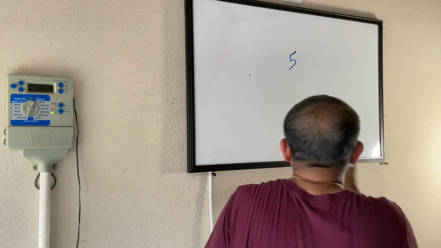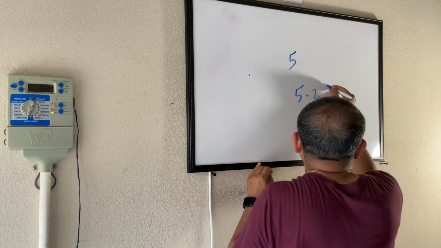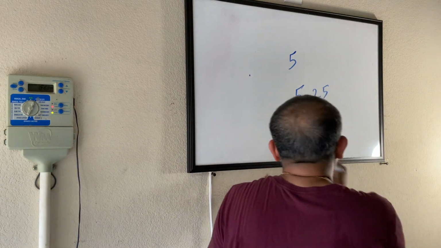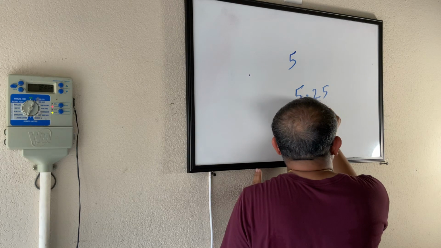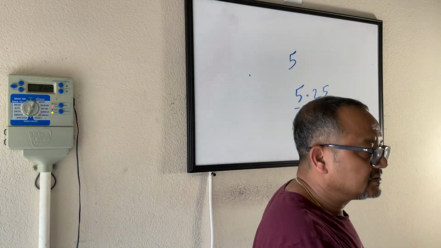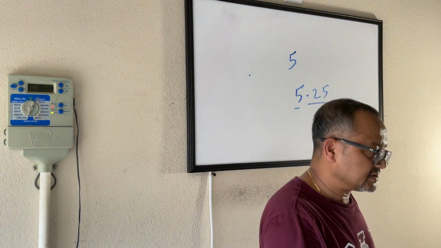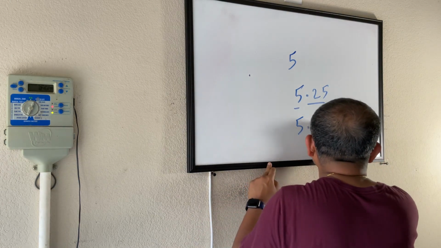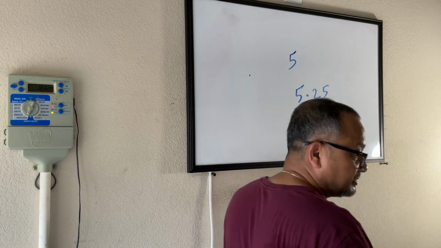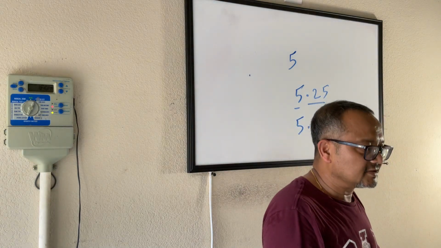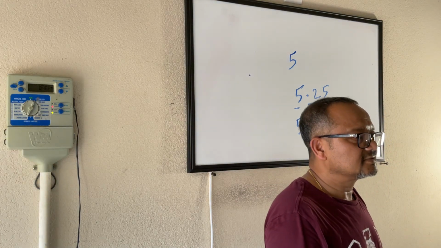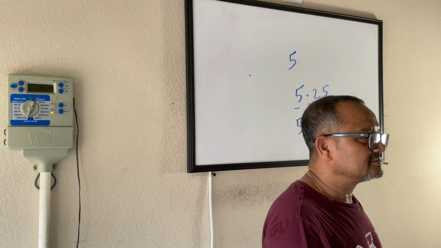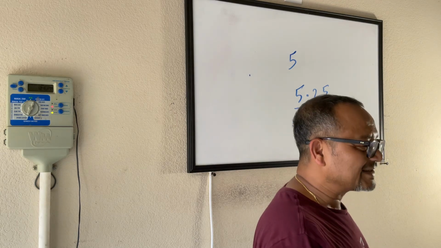If I say I'll give $5.25, that is $5 and 25 cents. If I say $5.025, how much am I talking about? $5.25? No? That's why I'm asking the question.